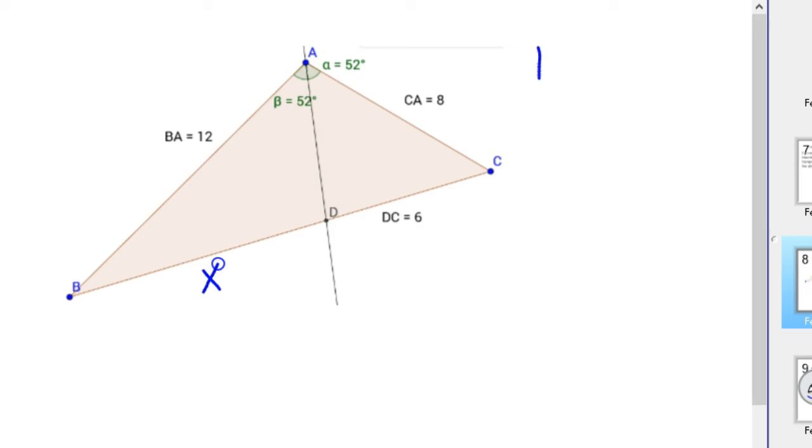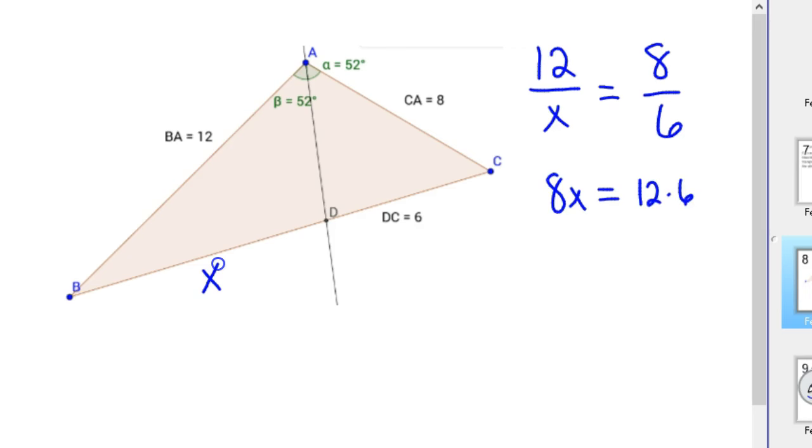Alright, so to do this you go 12 over x equals 8 over 6. If you cross multiply, that would be 8x equals 12 times 6, and 12 times 6 is 72. So 8x equals 72.